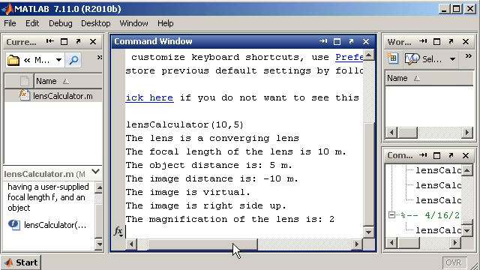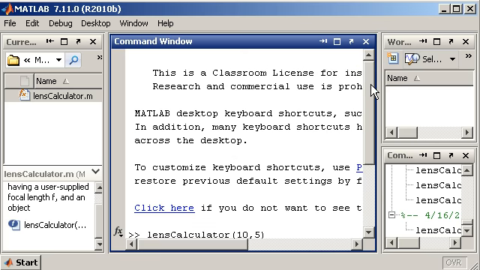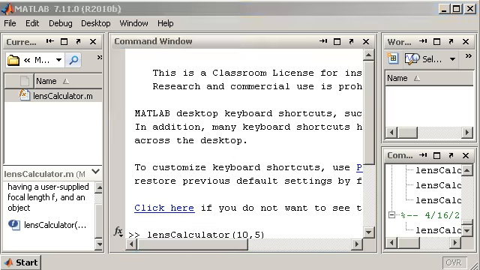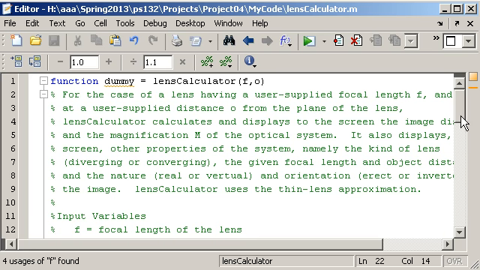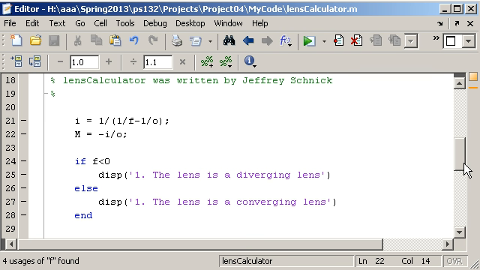Actually, what's that formula? What are the focal length? So it's 1/10 minus 1/5. That'd be minus 1/10, so I'm guessing minus 10.